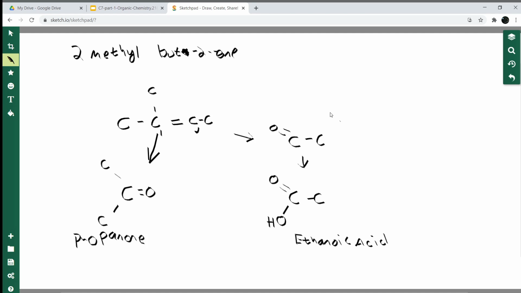Now, the next part that it said is that we had to go ahead and write a balanced equation. All right. So this one, we would go ahead and just write out what the actual compound was. All right.